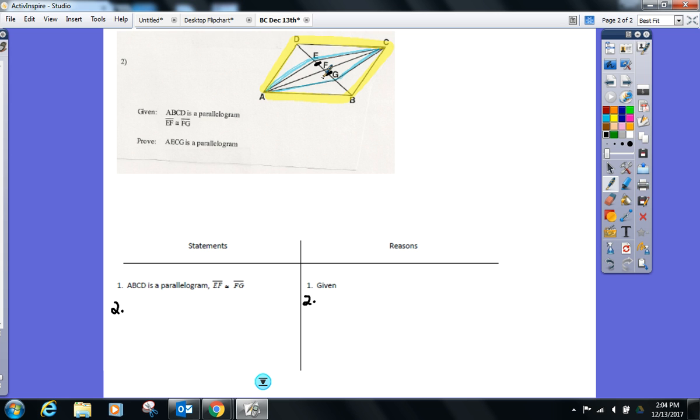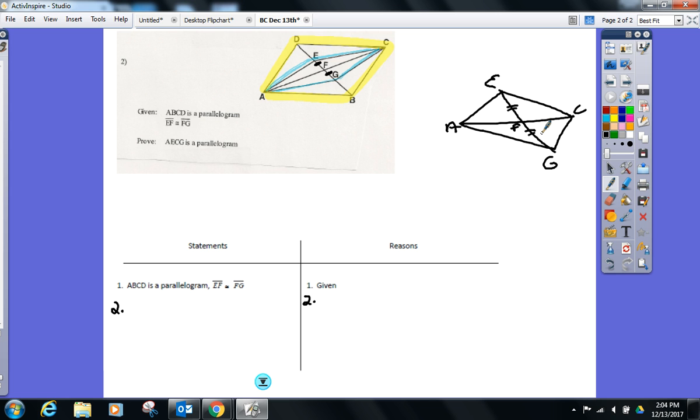All right, it almost looks like I can do what to prove AECG a parallelogram? Here's what I have right now: EAGC, and there's F. Almost looks like I could do what property? Diagonals bisect each other, but do they bisect each other yet? No, one diagonal bisects the other, but they don't bisect each other yet.